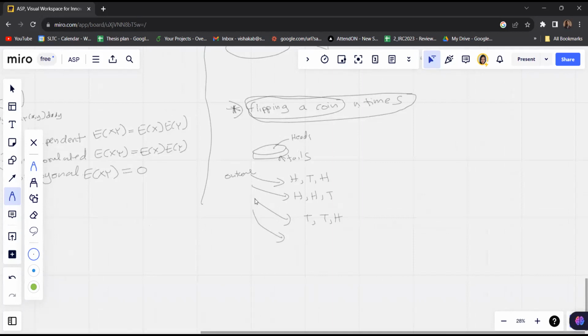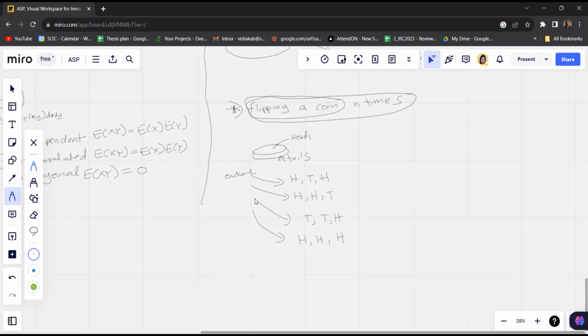Likewise, it could generate multiple combinations of the coin flipping: heads, tails, heads, heads, heads, tails, tails, tails, heads, and other combinations.